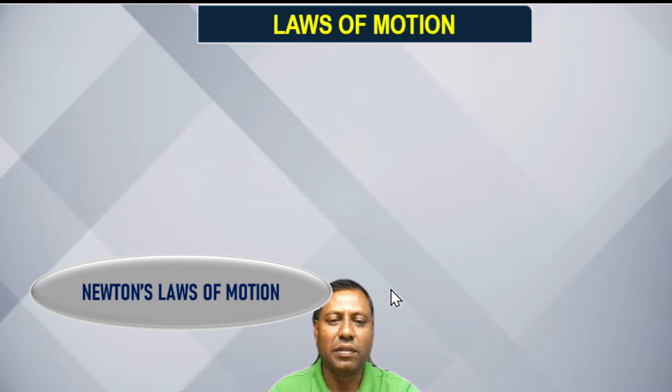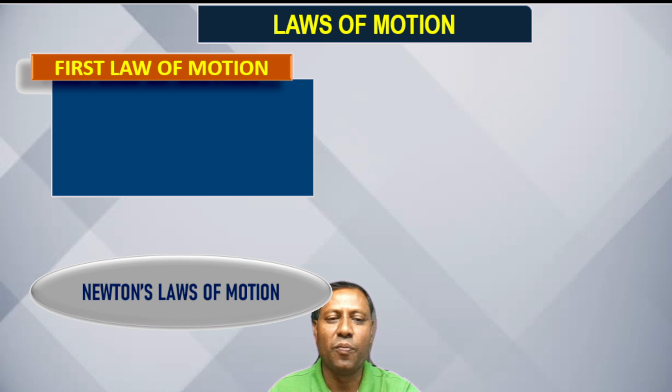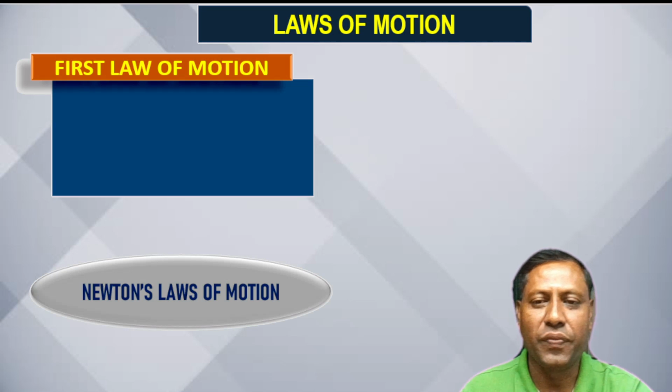So let's begin with the first law, okay? What is the first law of motion and how can it be defined, that we have to discuss here. Let us try to understand this concept. First, we will discuss the statement.